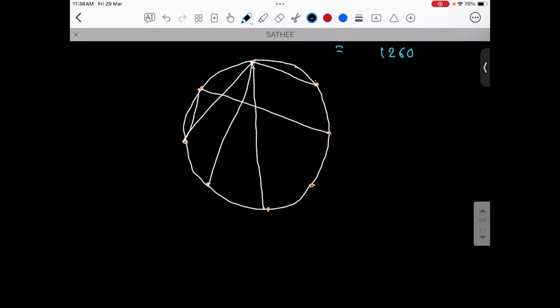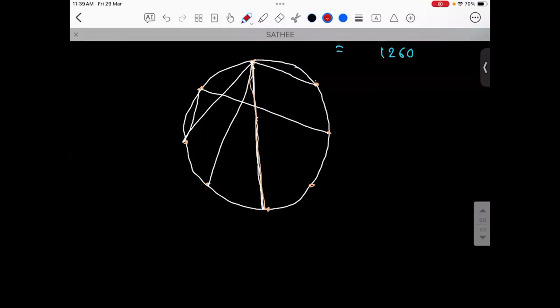Now, the interesting part is that we will consider this as a single line. We will not consider the opposite direction as a different thing.